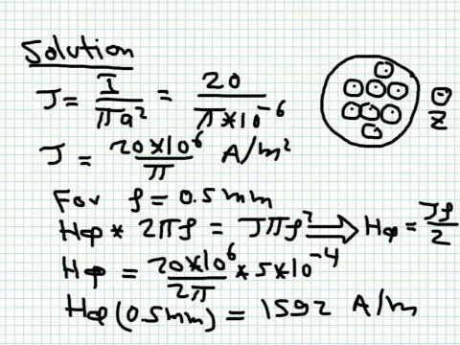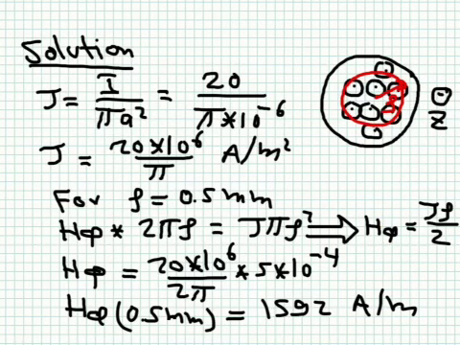Then the integral of H dot dl will give me H phi multiplied by 2 pi rho. The integral of J dot ds will give me J multiplied by the area, and if you try to draw one of these contours here, the radius is rho, and rho is variable, then in that case the area is pi rho squared, and we know what J is. So if we divide both sides, you cancel pi with pi, cancel rho with rho squared, then you end up with H phi equals J rho over 2.